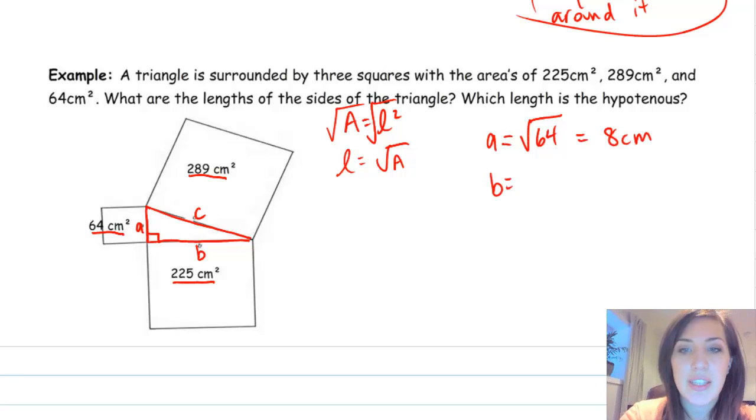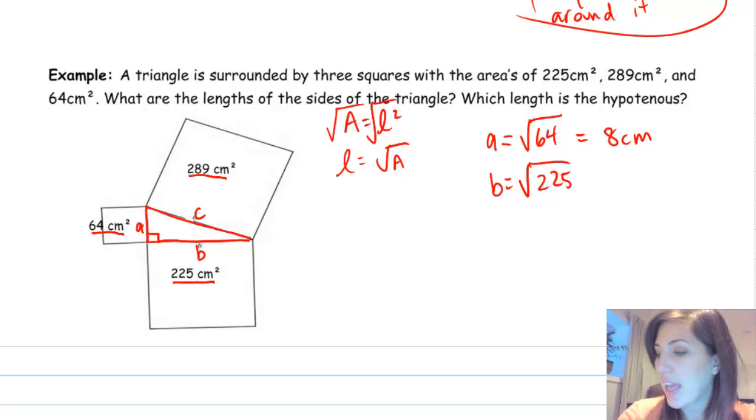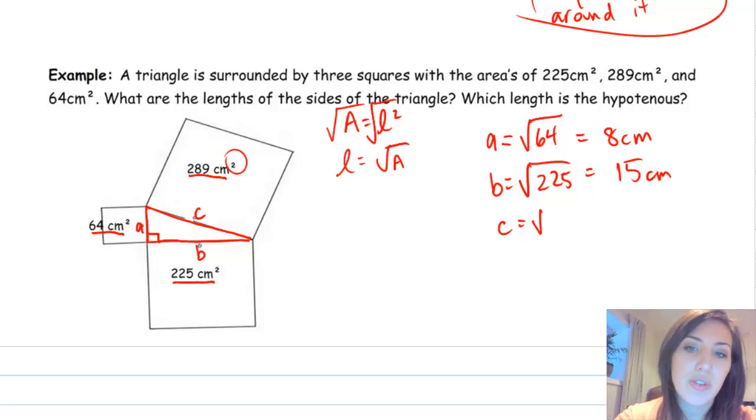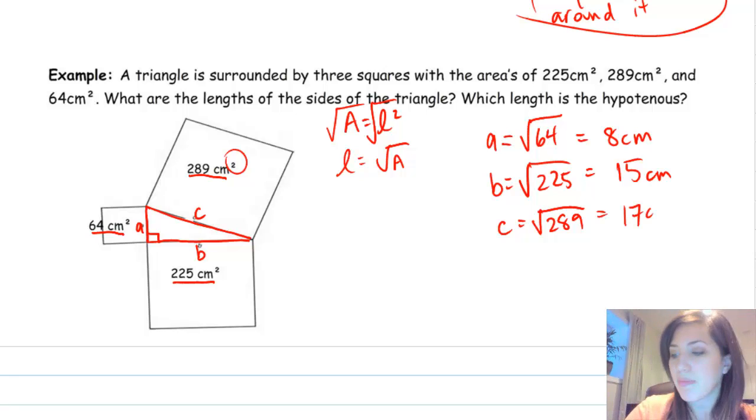For b, the length would be the square root of 225, and that length would give you 15 centimeters. And for the length of c, the opposite of the squared would be the square root, so square root of 289 gives you 17 centimeters. So those are our three lengths. a is 8 centimeters, b is 15, and c is 17.